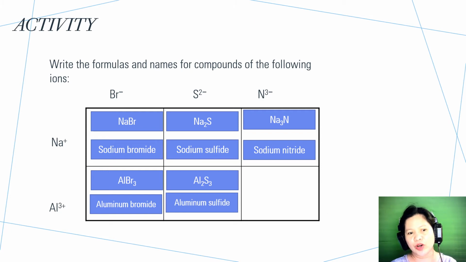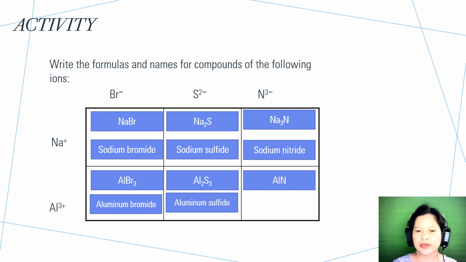So take note of the charges. They have the same charge, 3 and 3. So therefore, it will cancel out. So what would be the formula now? It will be AlN. So the name is aluminum nitride.